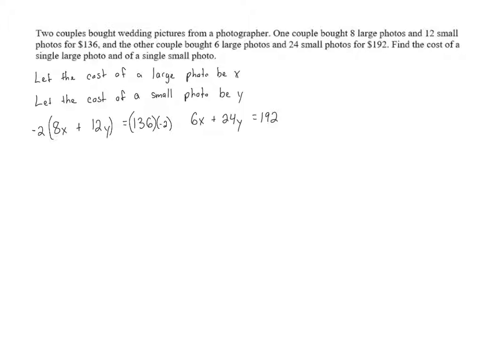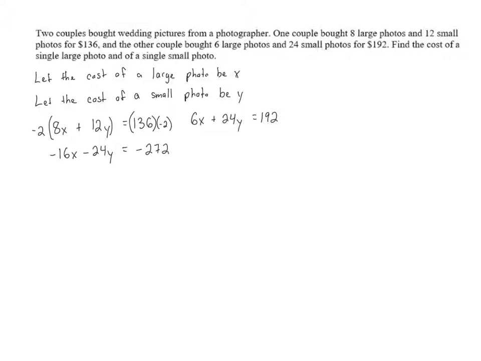Let's do the multiplication. Negative 2 times 8x is negative 16x, and negative 2 times 12y is negative 24y. So we have negative 16x minus 24y on the left, and on the right, 136 times negative 2 is negative 272.